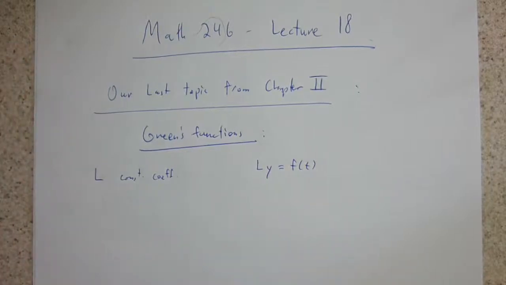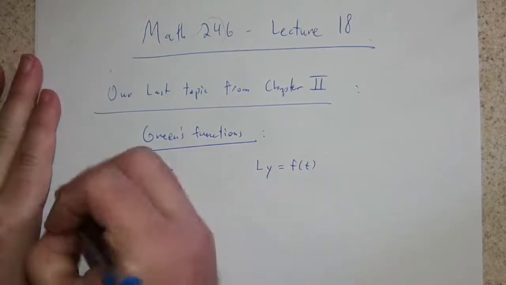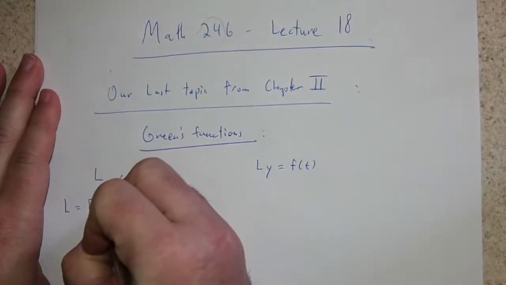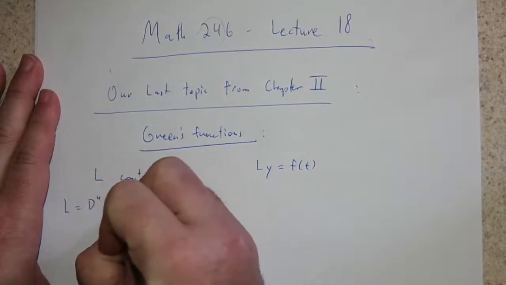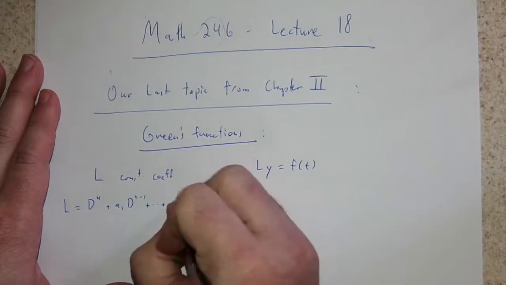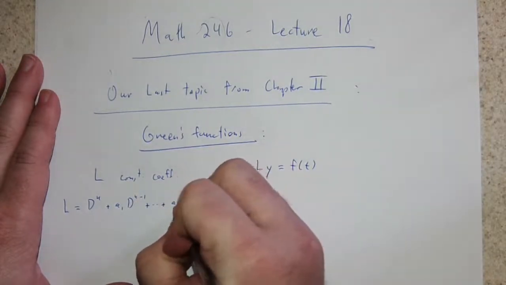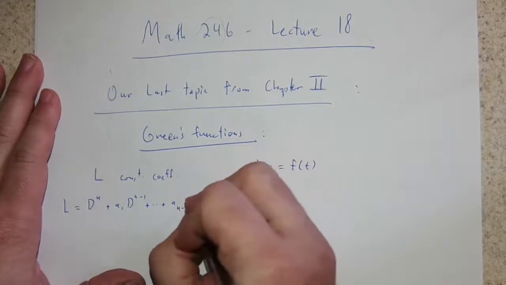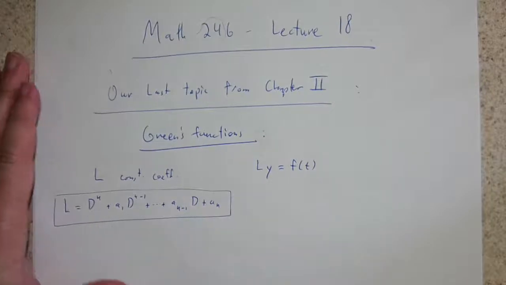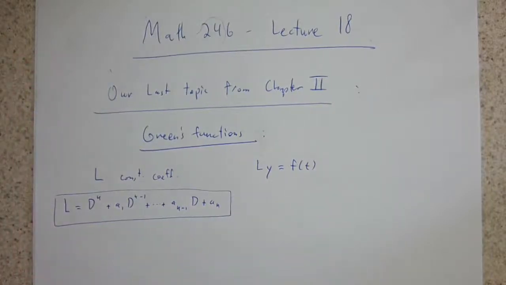Right, so L is the operator d to the n plus a1 d to the n minus 1 and so on all the way to a sub n minus 1 d plus a sub n. So here's L. These a sub i's are constant. These d's are the normal derivative operator.